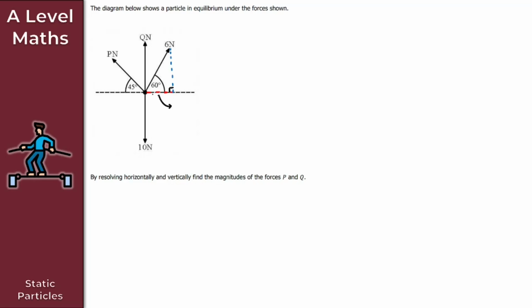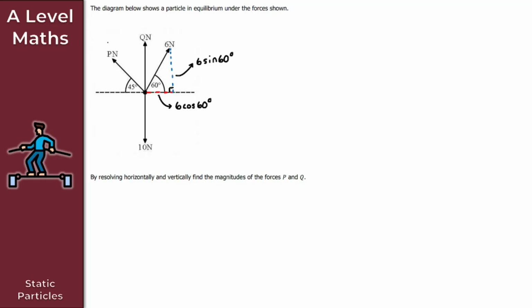For the horizontal component of the 6 newton force, I get 6 cos 60 degrees, and for the vertical component, I get 6 sin 60 degrees. Nice and straightforward. All we've done is split the 6 newton force into a horizontal component and a vertical component.